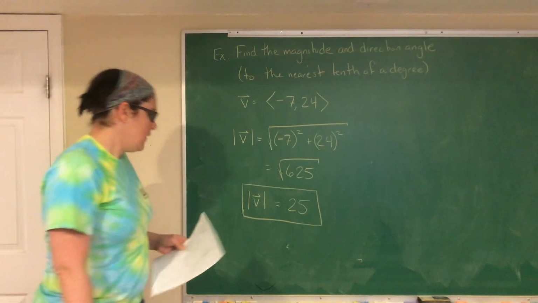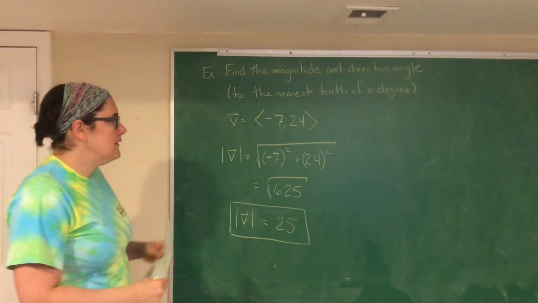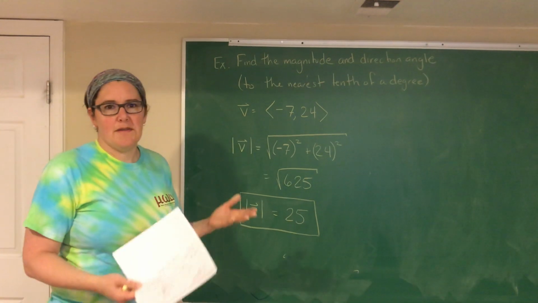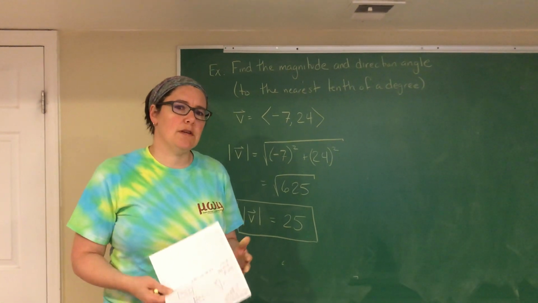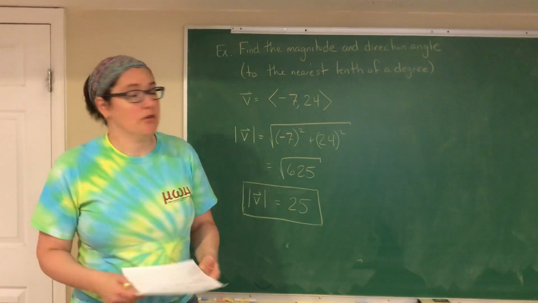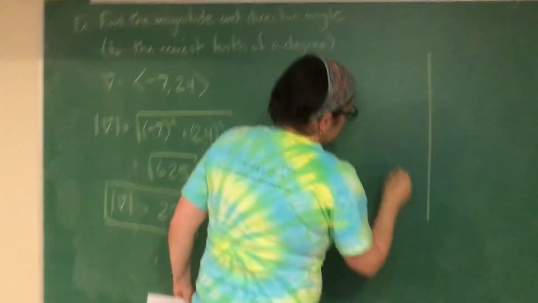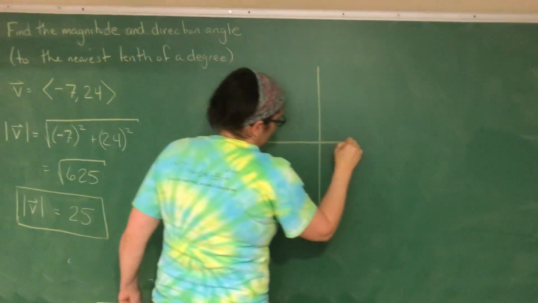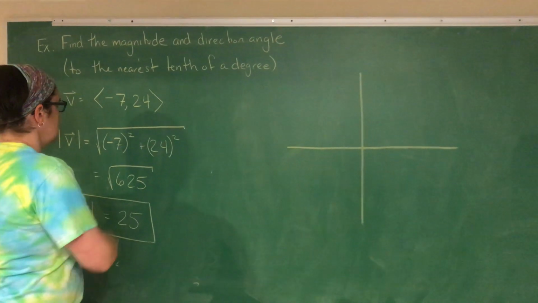Cool. Now we also want to find the direction angle. And finding the direction angle can be done without drawing a picture, but for me, I think it's really intuitive and really much more helpful to have a picture. So I'm going to draw a picture of our vector v, and like we've been doing in all of these examples, I'm going to draw my vector so that I'm looking at the position representation, meaning that the tail is at the origin.